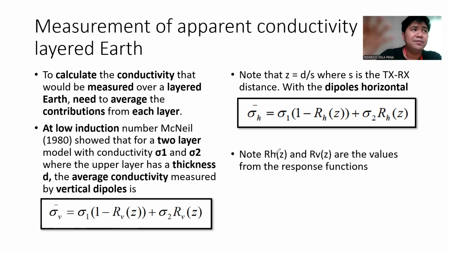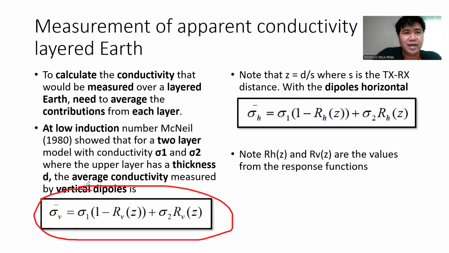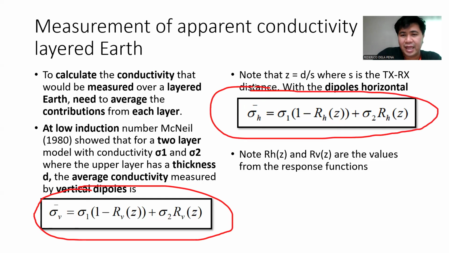Okay, for the same subsurface, no? Same site, different configurations, VCP or HCP, you're gonna get different apparent conductivities. Okay. So you have to account for that when you're doing inversion. So again, you can also do inversion in EM.